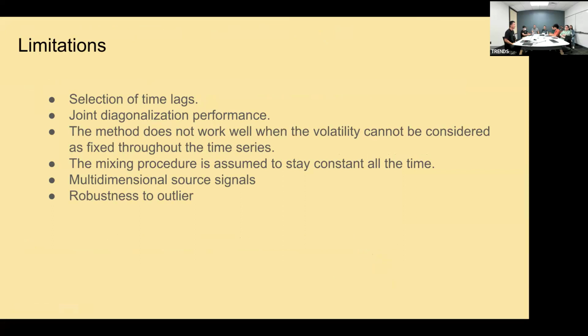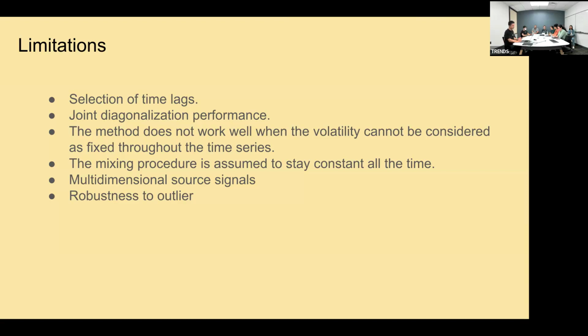Some limitations of SOBI. As I mentioned before, the time lags are one of the crucial things, because from my experiment with the SOBI algorithm, some of them will use like 1,000 of these kinds of matrices when the signals become very, very long. And some of the lags may not capture the temporal feature, and it will compromise the final result.